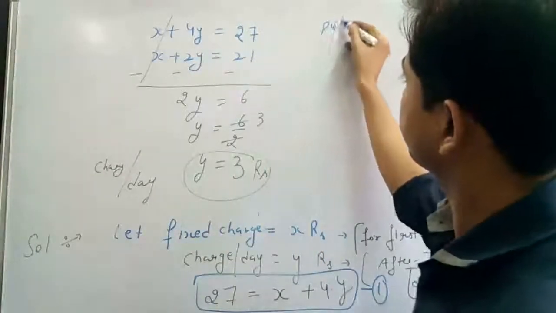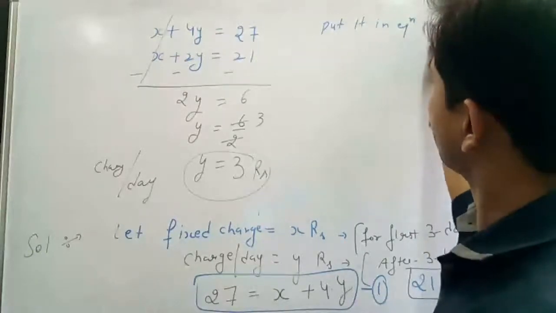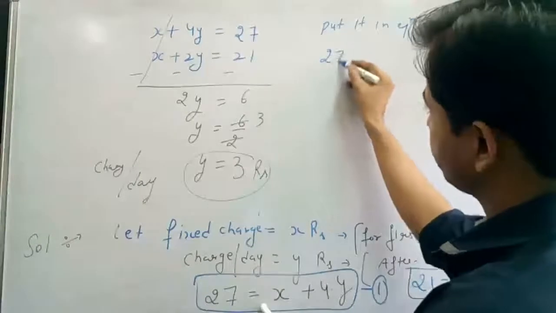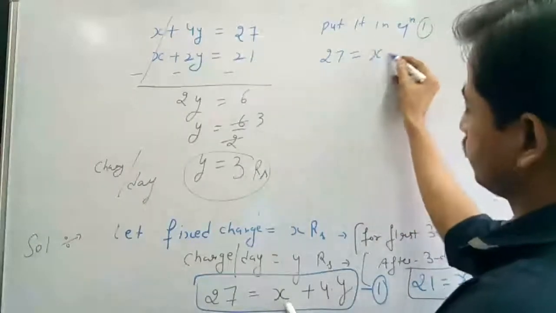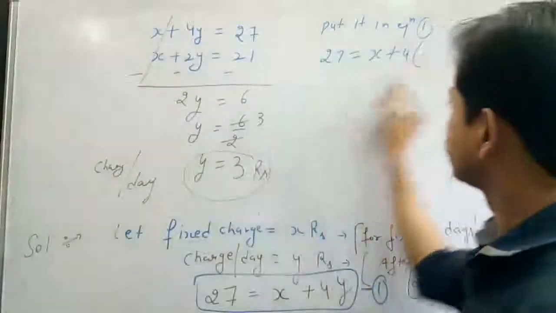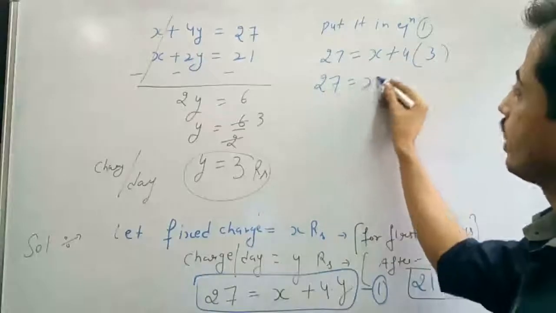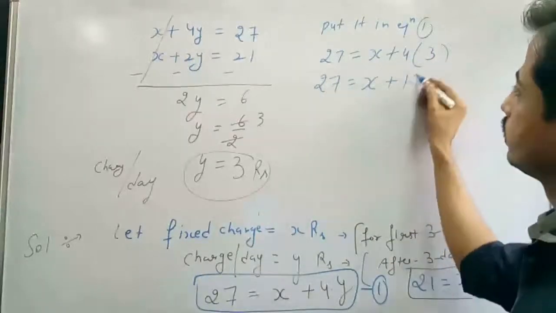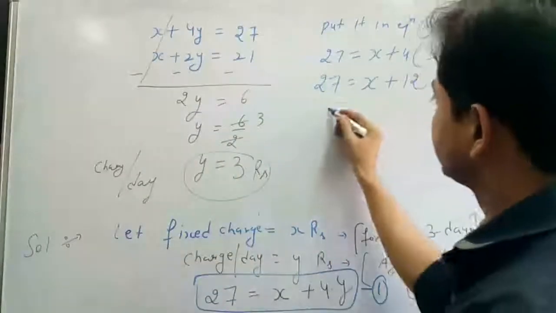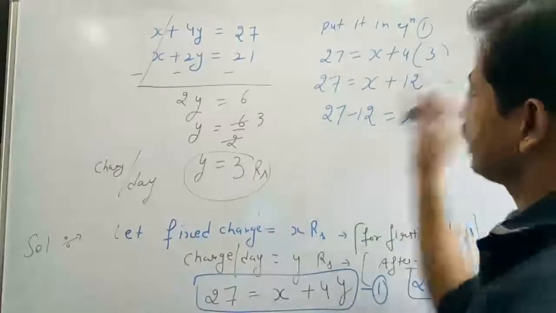Put it in equation 1. What is equation 1? 27 is equal to x plus 4 into y. Now the value of y is 3, so put it here. 27 is equal to x plus 4 into 3. We get 12. Take 12 to the left hand side: 27 minus 12 gives x.